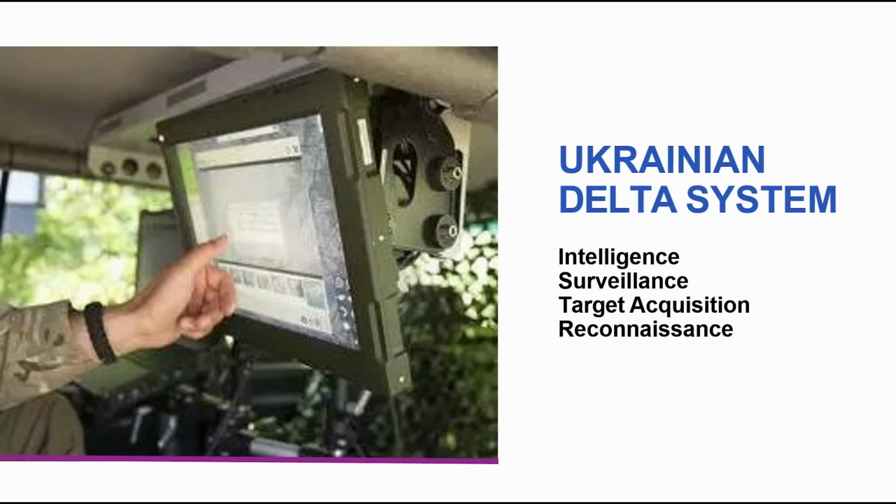Ukrainian-made Delta is the major platform which did not exist before this war, and which was developed by Ukrainians. Before the second invasion, they started to develop it already in 2015-16, after the first invasion. The first invasion, or the war itself, started in 2014, when the Russians took over Crimea and entered Donbas, the eastern Ukraine region.